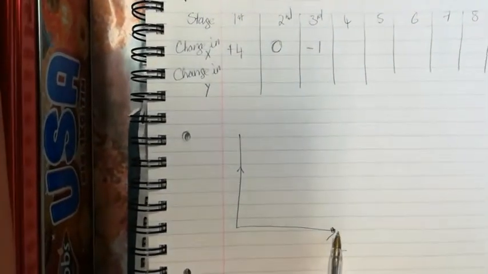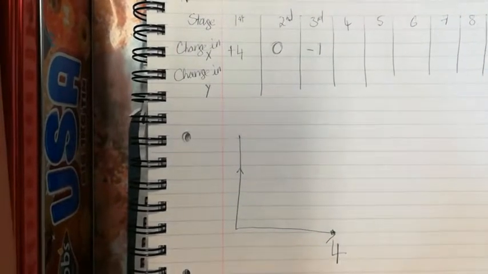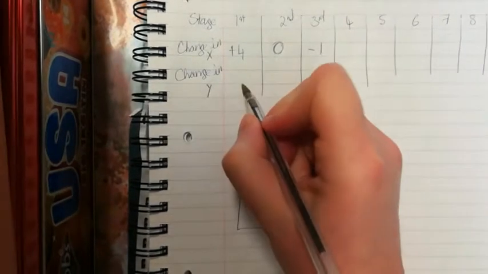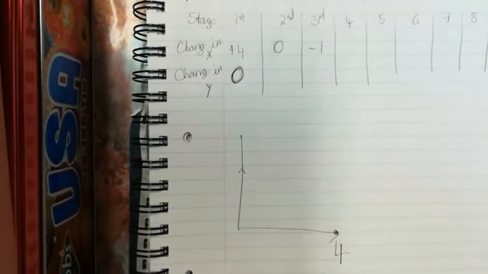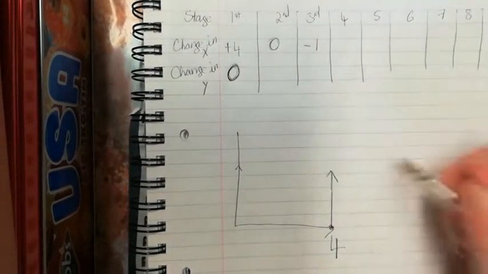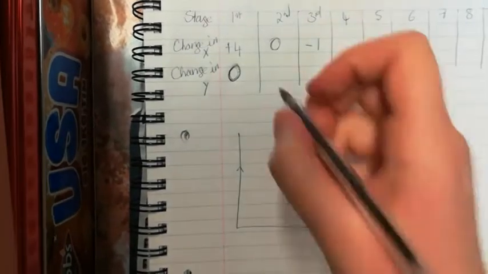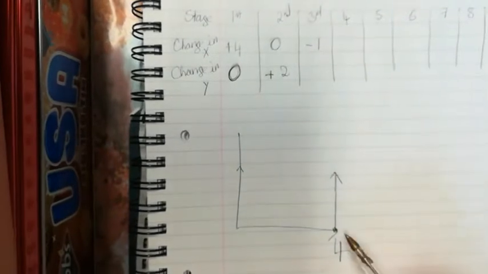So in the first one, it goes across 4, but on the first move, the y doesn't change because it's only going across the x-axis. So y will be 0 in the first one. But then it goes up 2, it told us. So y is going up in the positive direction, so it's going to be plus 2 in the y, and there won't be anything for the x.